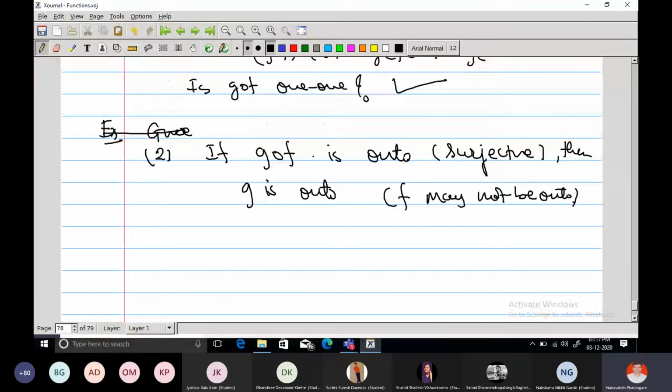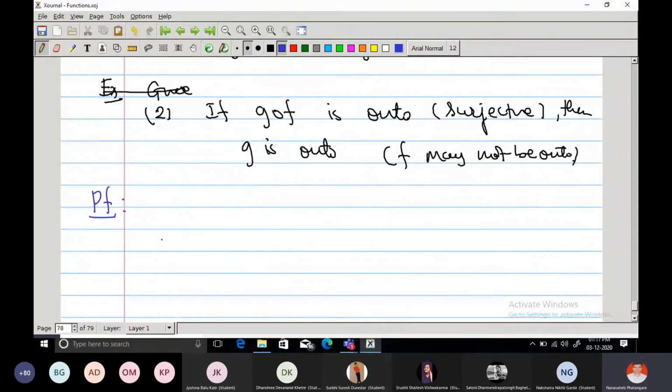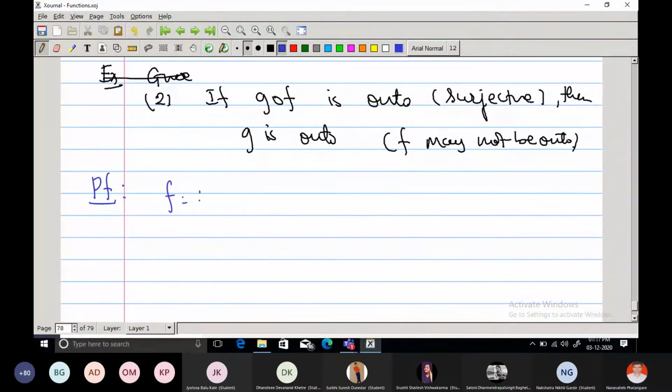Okay, so what is given? What is our function? F is from X to Y, G is from Y to Z. G composite F from X to Z is onto. This is our assumption.